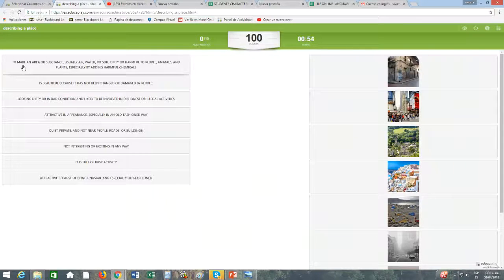So the first one: to make an area or substance, usually air, water, or soil, dirty or harmful to people, animals, and plants, especially by adding harmful chemicals. Harmful chemicals, like industries, for example, Bogota, which has a lot of industries.